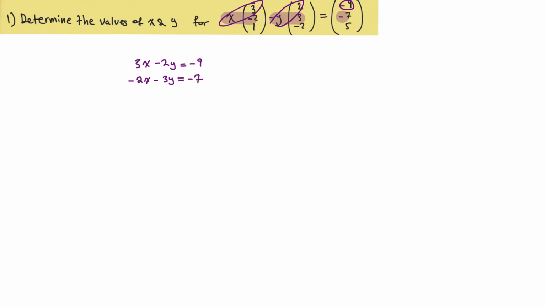I can also write my z components. For my z components, I will have x times 1, -2 times -2y, and that's going to equal +5. So we have x plus 2y is equal to 5.